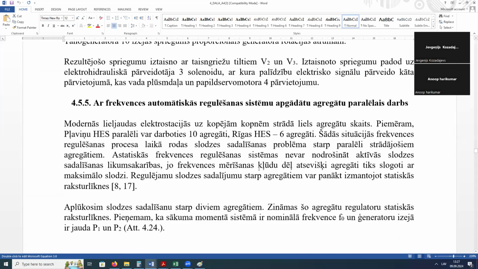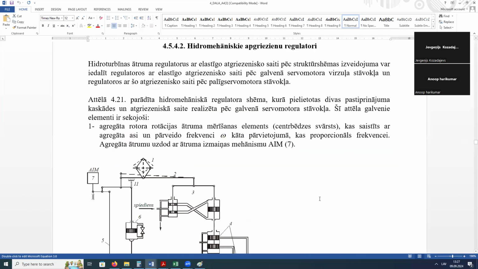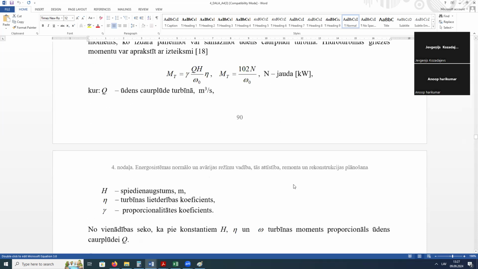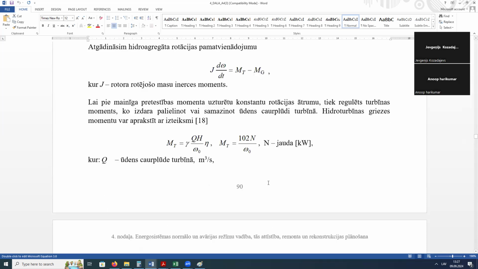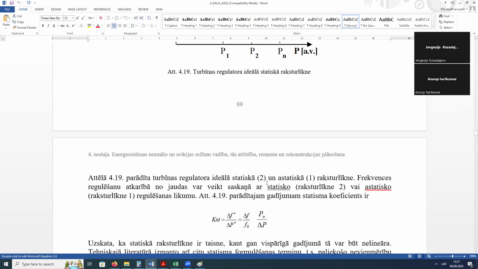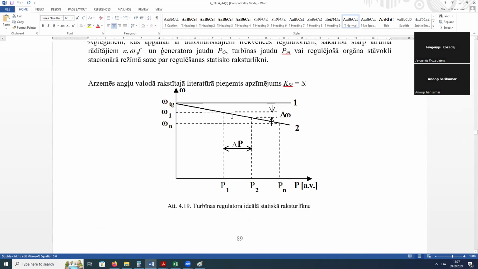In this case, we can calculate the reaction of a consumer, of a rotating load, of an electrical motor, in the same way when we have the frequency drop. As we understand, the generator is a rotating machine, and the electrical motor is the same rotating machine.